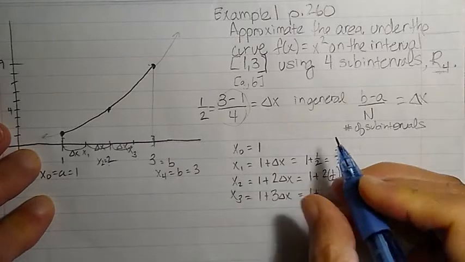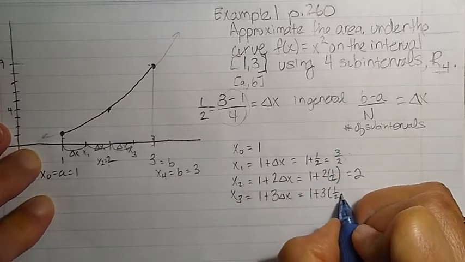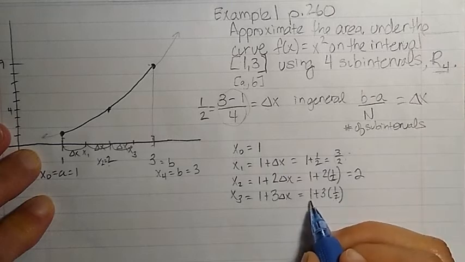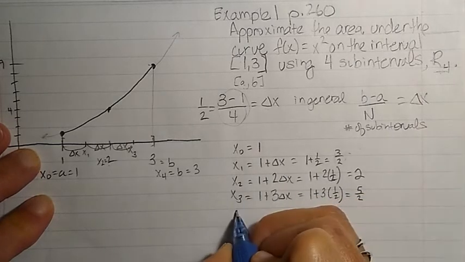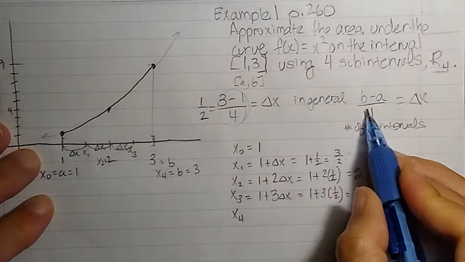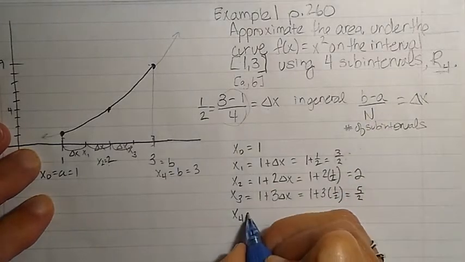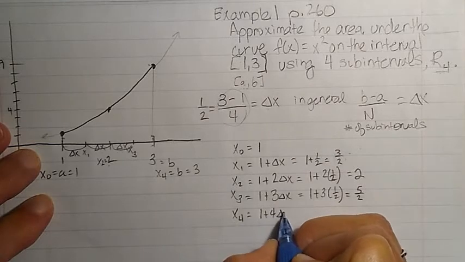So 1 plus 3 times 1/2. This is 3/2 plus 2/2, that's 5/2. And x4, for us, capital N is equal to 4, is 1 plus 4 delta x's.